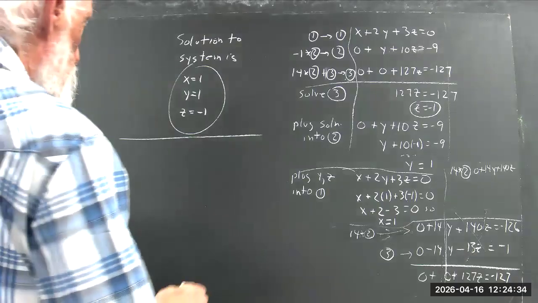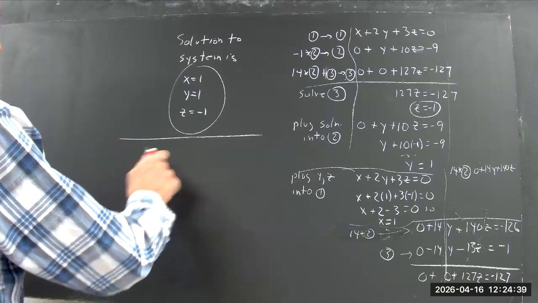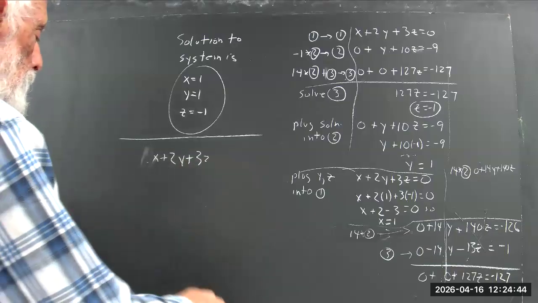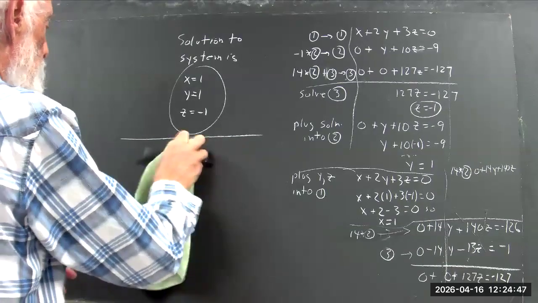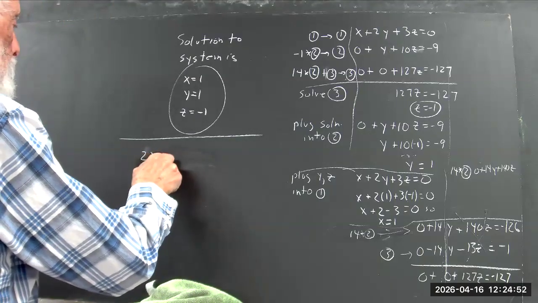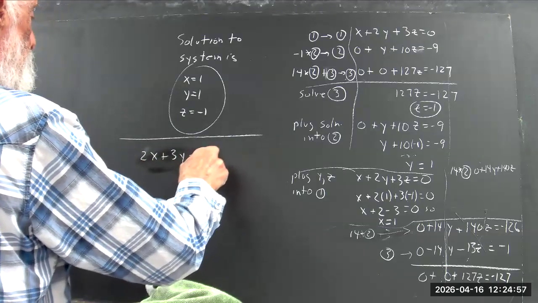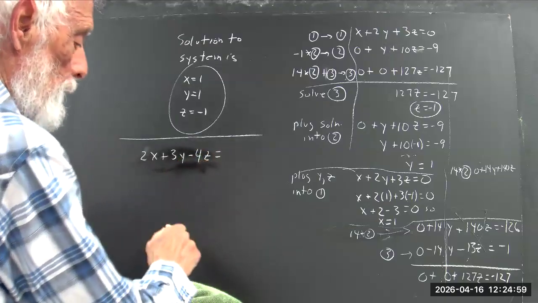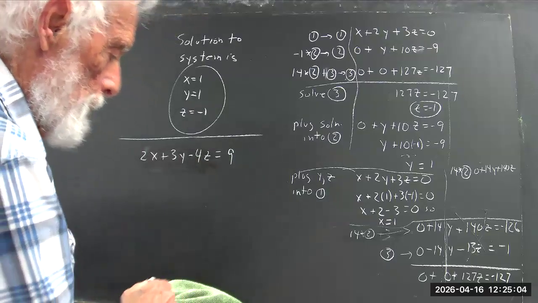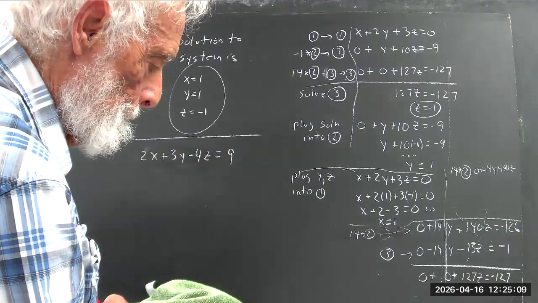Now, the original system, which I'll copy down. Well, actually, the original system was in a different order. It was 2x plus 3y minus 4z equals 9. It was 6x. Well, I'm looking at the wrong place. No, I'm not.